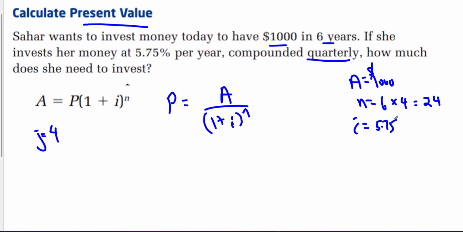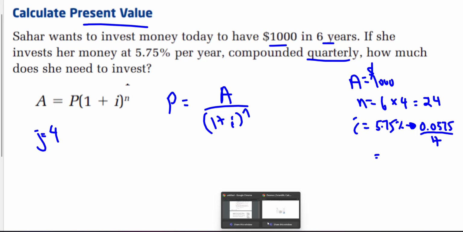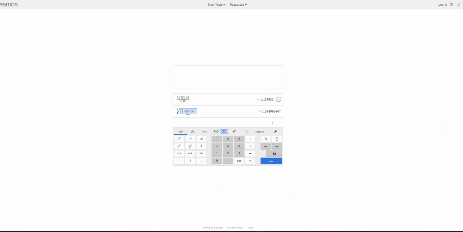But remember, I don't know if you remember, but you're supposed to actually take your I value and first things first, always convert percent into decimal. So 0.0575 and then divided by your J value, which in this case is 4. So 0.0575.